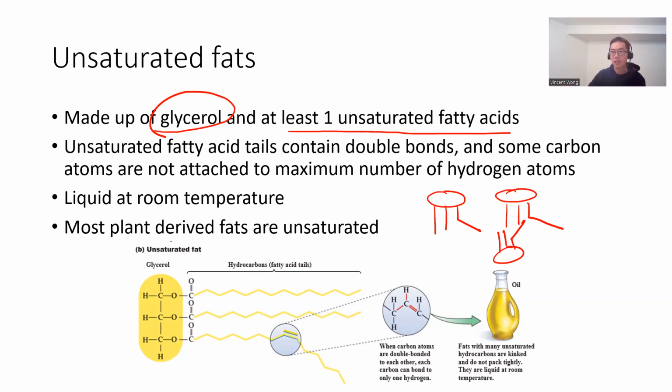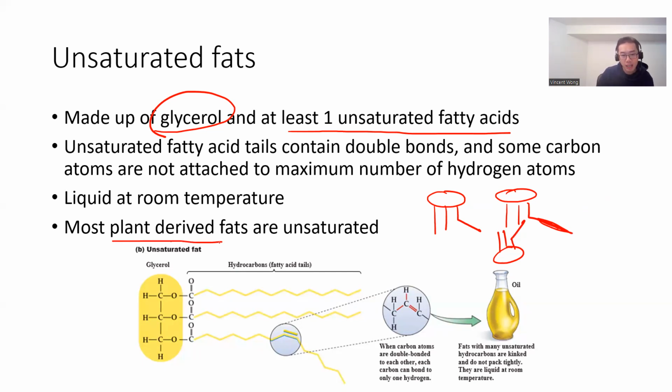Imagine lining up next to people at the grocery store or something, but then you stick your hand out to keep people away. That's the kink in the structure. There is this thing that is sticking out, and it prevents another molecule from getting too close. And so they don't pack together easily. That's why they're going to be liquid at room temperature.